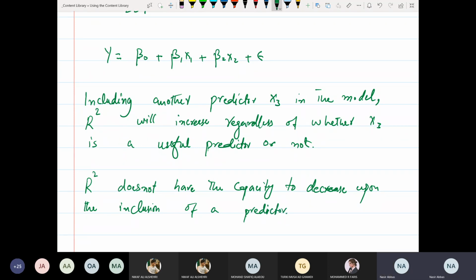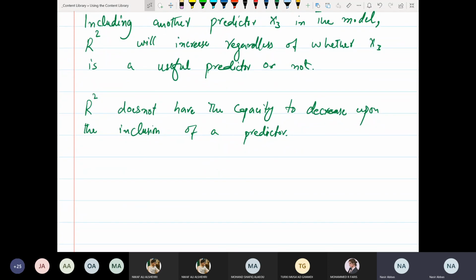We want a measure like R square such that if the newly added predictor is a good one, it should increase, and if it is a bad one, it should decrease. And that new measure is called R square adjusted.